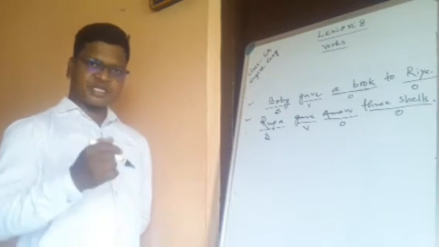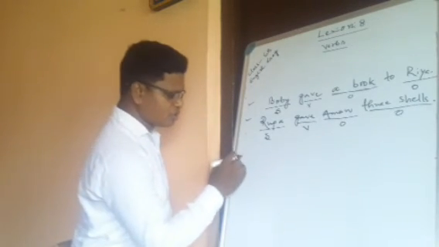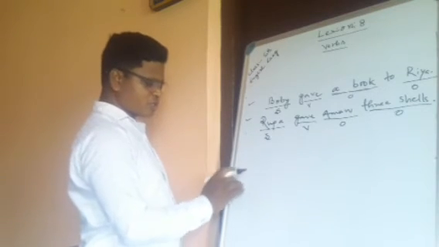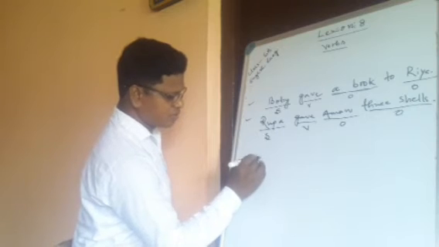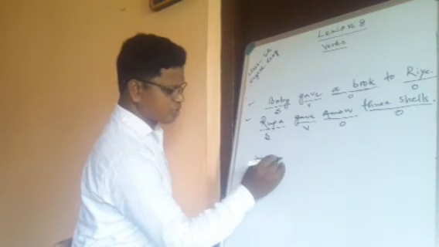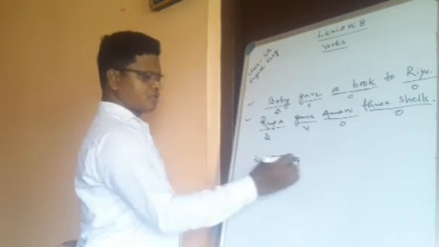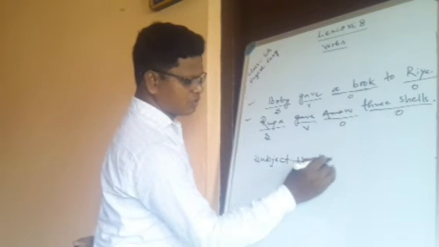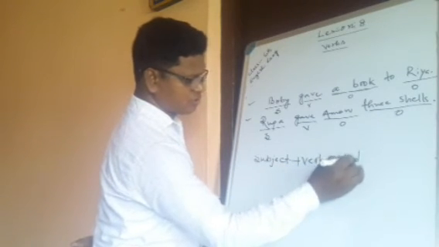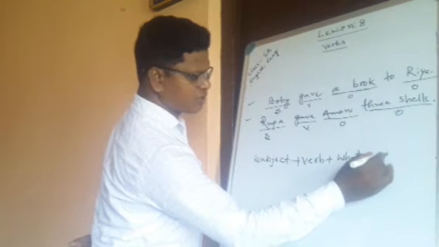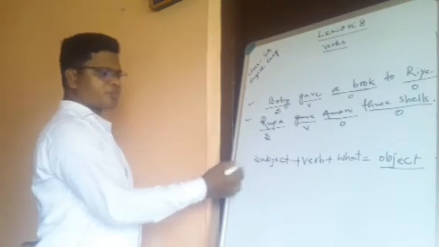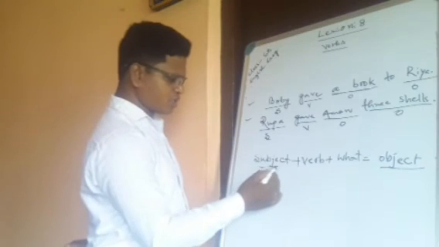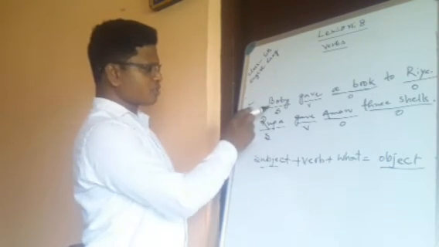To get the direct object, what must you do? You must ask questions like this. First, you will place the subject, then the verb plus what. Suppose you are asking a question with the subject. Which is the subject in the first sentence?